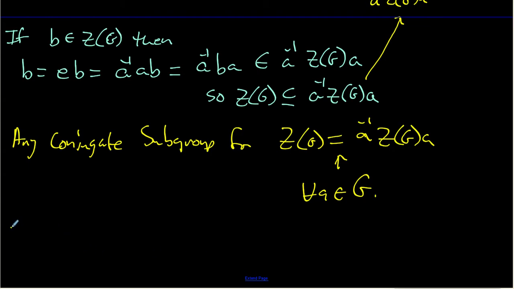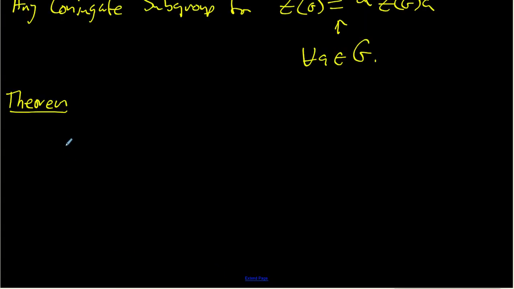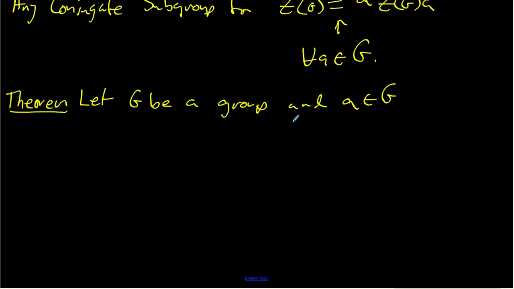So I want to state that very clearly, because what we've actually done is prove the following theorem, and the following theorem can be stated very cleanly as: if we take a group and we take any element inside that group, then the conjugate subgroup for the center with that element, so A inverse times the center times A, is just going to be the center again.